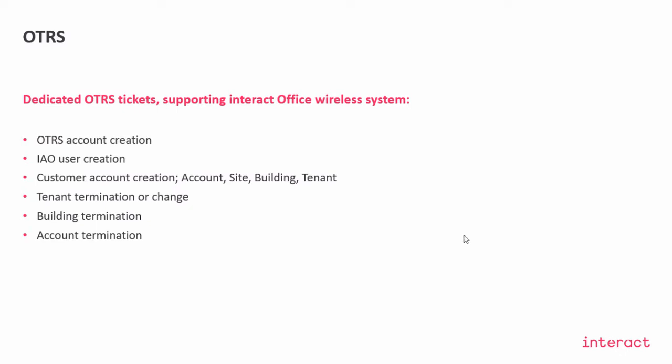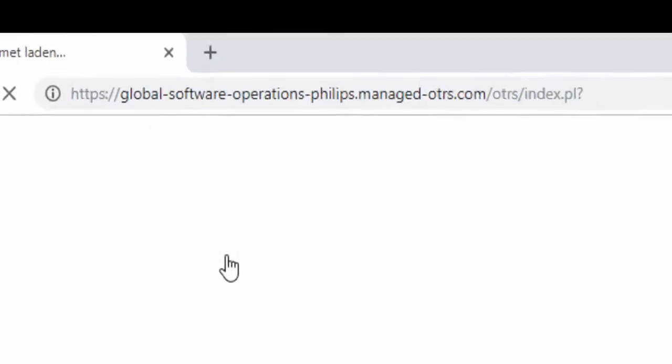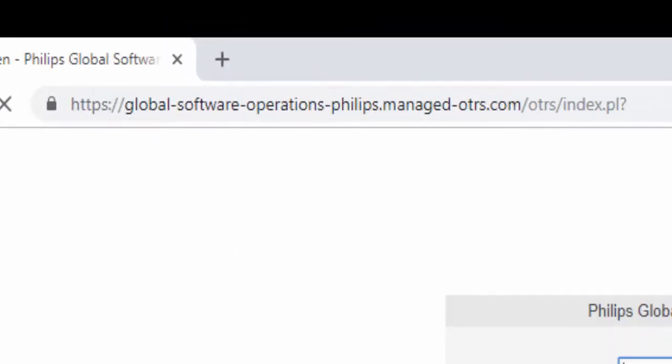So let's have a look at the system, shall we? In order to do so, we have to use the following URL, and it can be used from anywhere. We will have to enter our credentials.